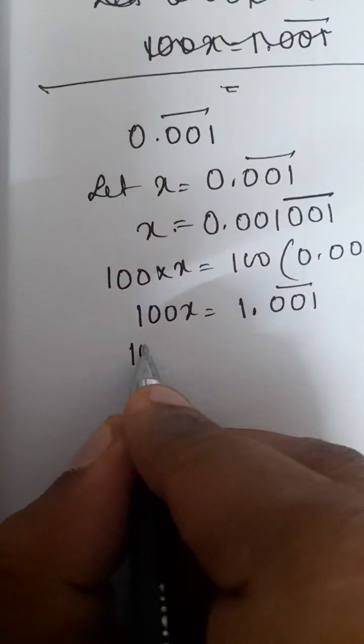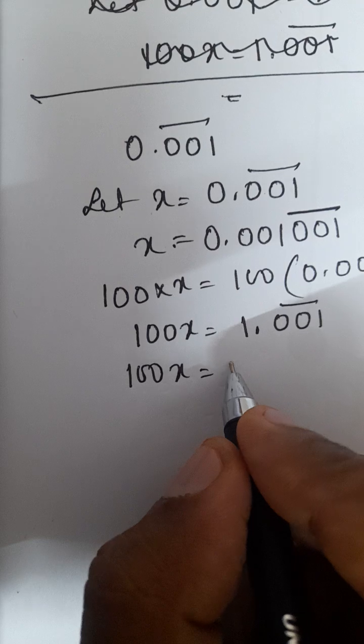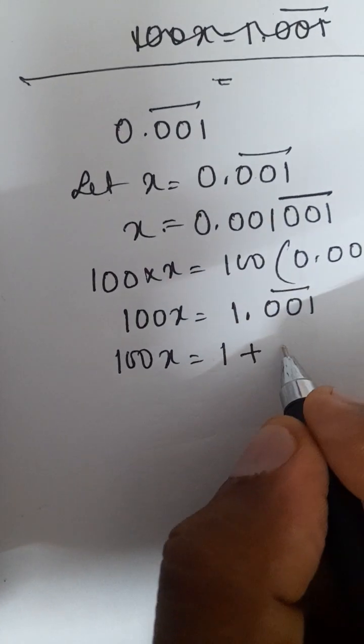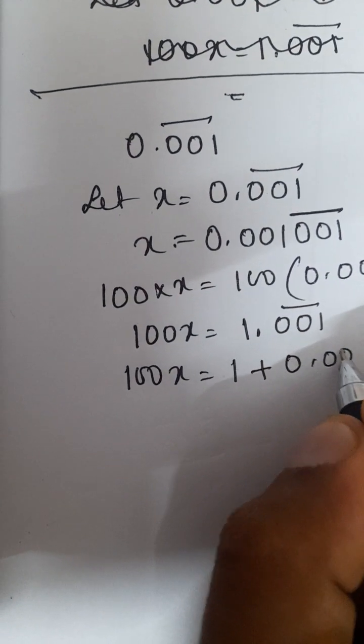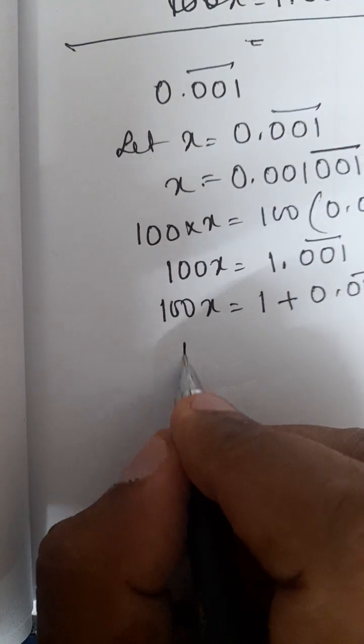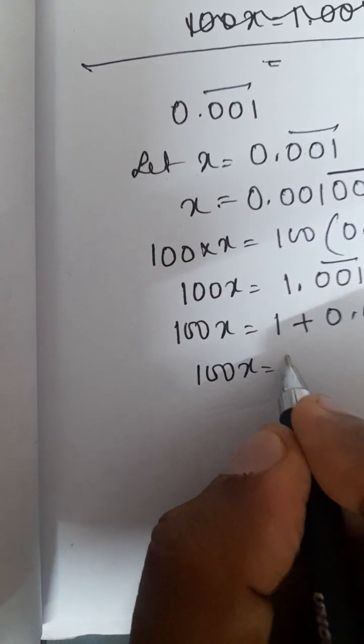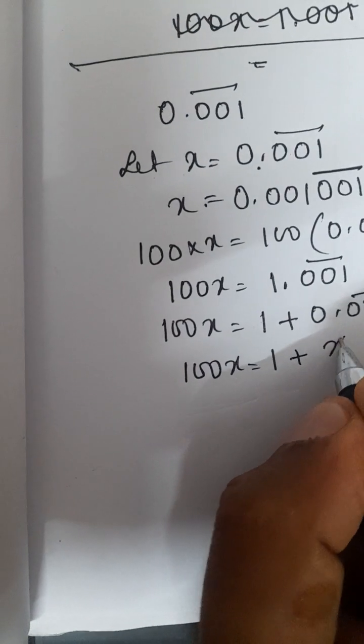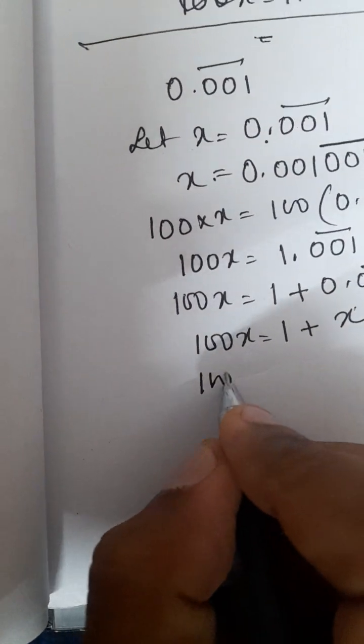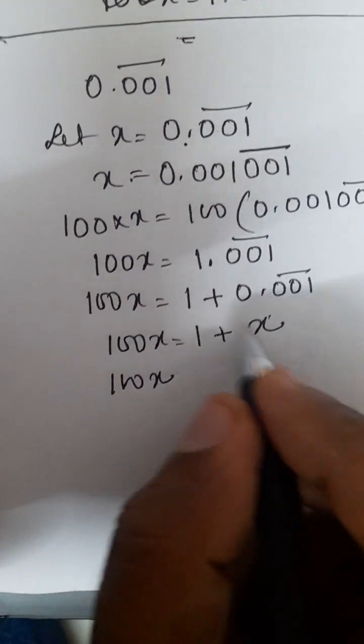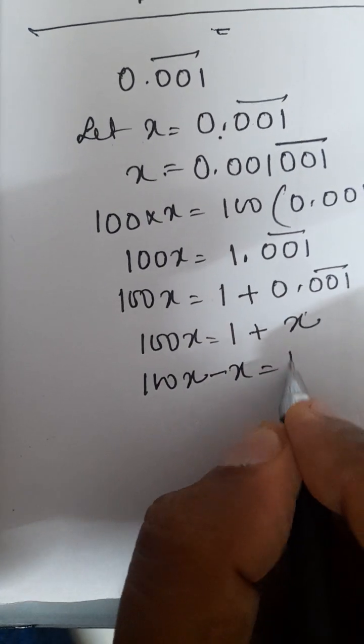I'll write this as 1 plus 0.001 bar. So again 100x is equal to 1 plus, this is nothing but our x. So 100x minus x is equal to 1.